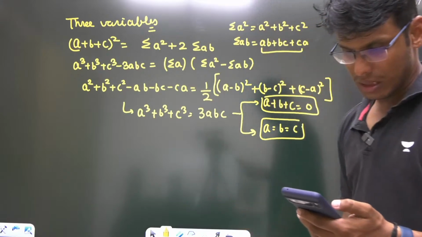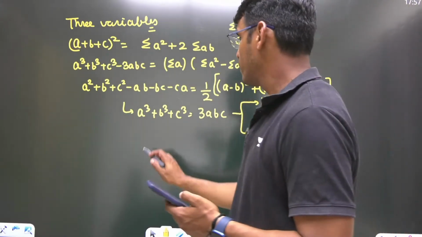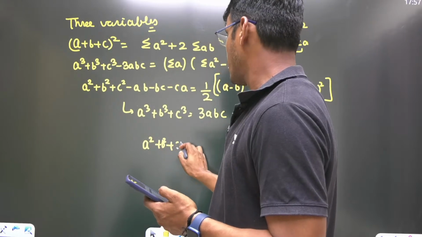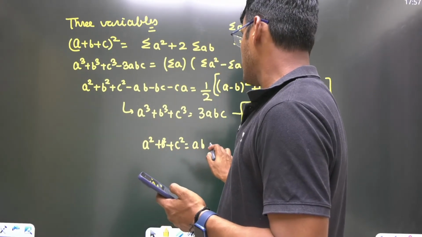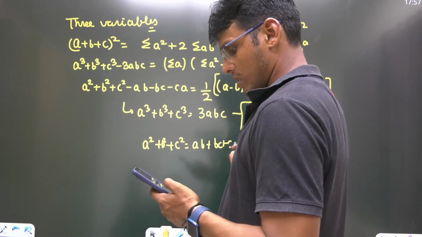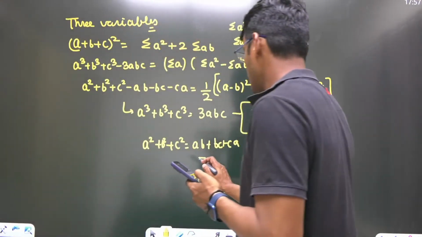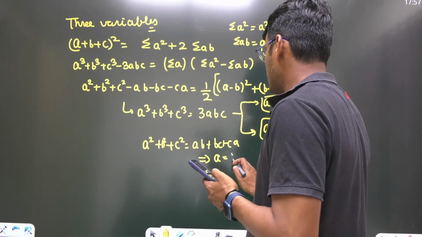We also have: A square plus B square plus C square equals AB plus BC plus CA, which implies A equals B equals C.